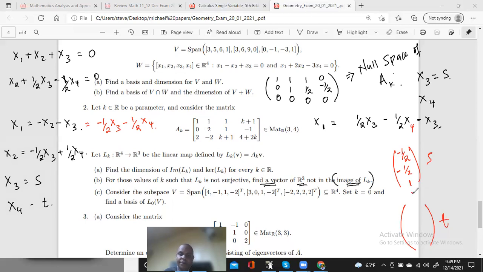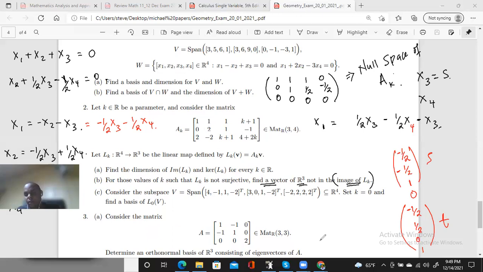Then for t, it would be minus a half, plus a half, 0 and 1. Can we write this as negative 1, 2, and 0?